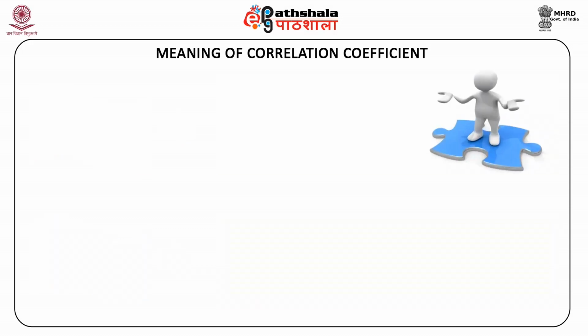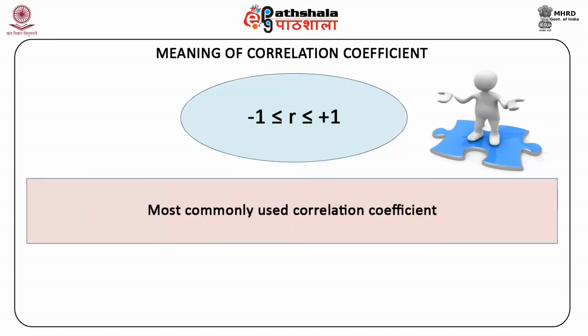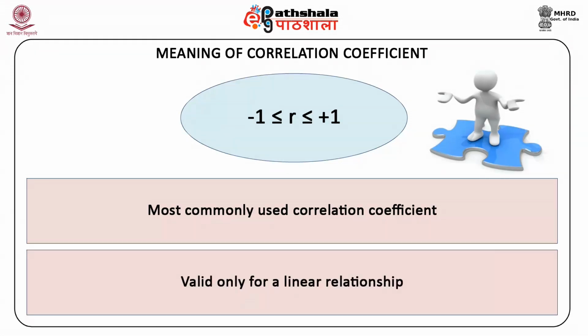In other words, the Pearson's correlation coefficient, or just the correlation coefficient r, is a value between -1 and 1, that is -1 ≤ r ≤ +1. It is the most commonly used correlation coefficient and valid only for a linear relationship between the variables.